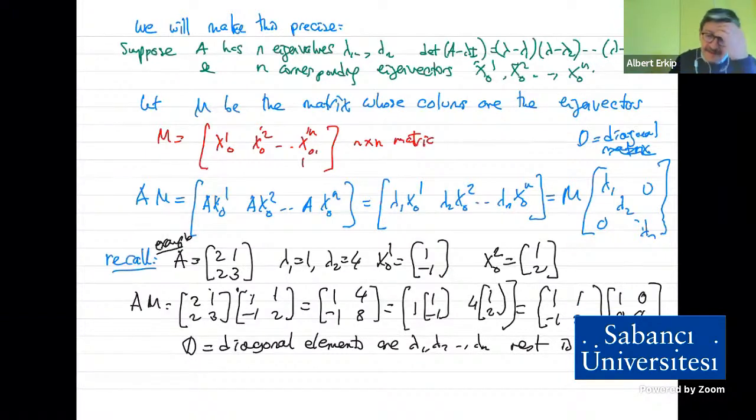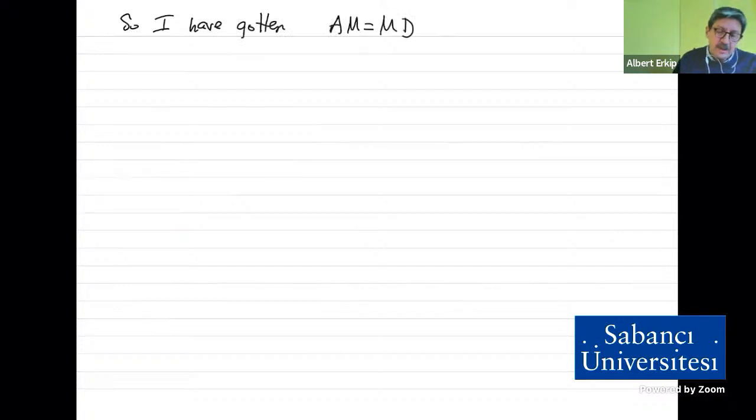So what I have done is gotten this equation: A times M is M times D, or, taking the inverse, M inverse A M equals D. This is diagonal.